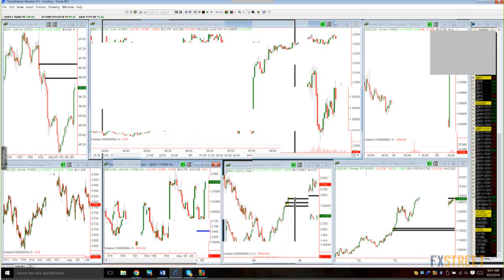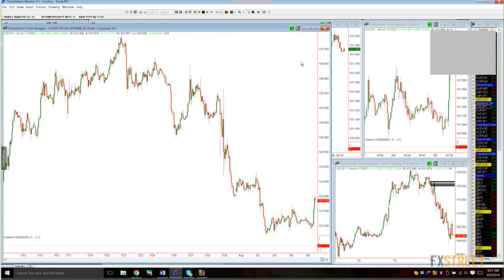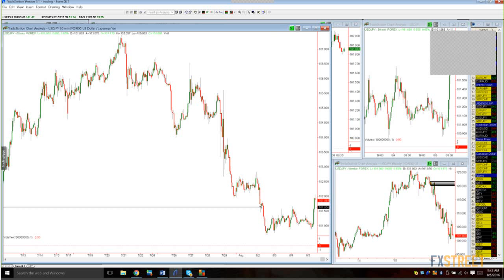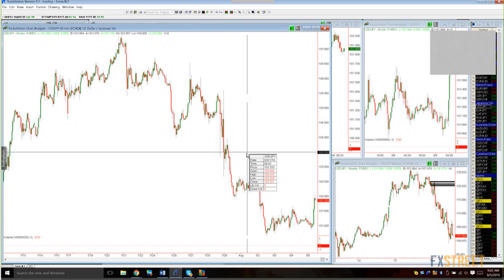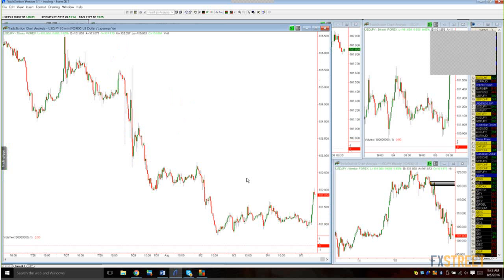If we go to the 60-minute, I was looking at this earlier. If I remember correctly, this is where we can spot the nice opportunities. We've been to this level once, now we've gone through it. We really need price to get a little bit higher. Let me go to the 30.